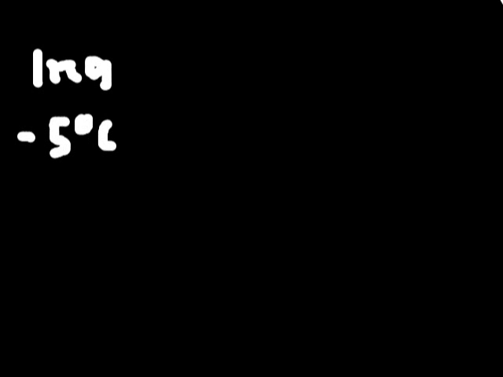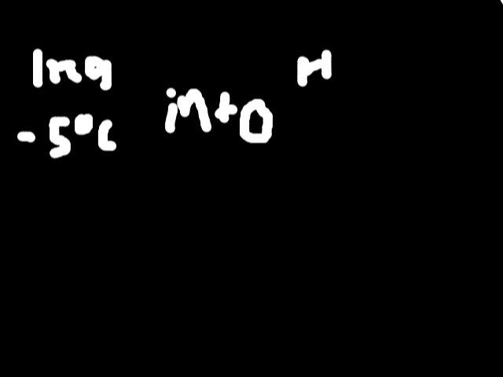So let's write this problem out. It's 1 kilogram of ice at -5 degrees Celsius, transforming into a puddle of H2O at a temperature of 10 degrees Celsius. How much energy is required?